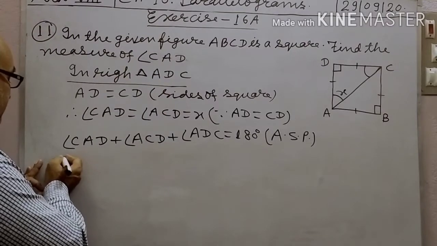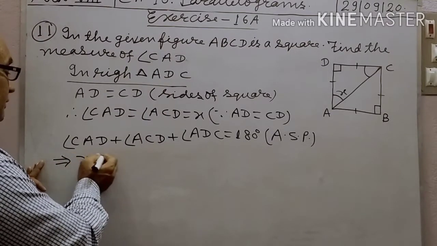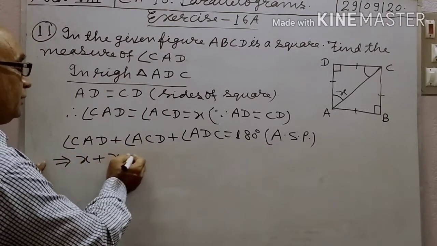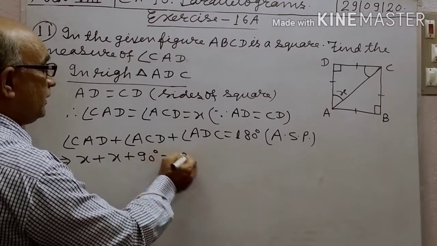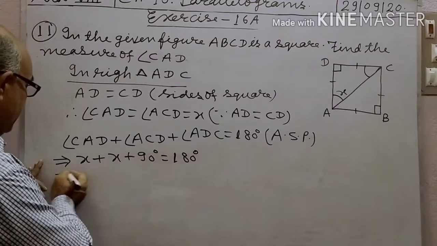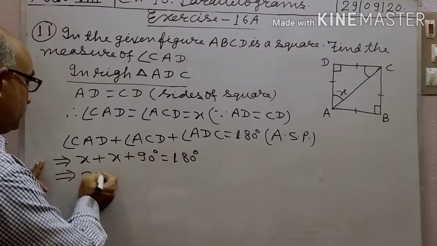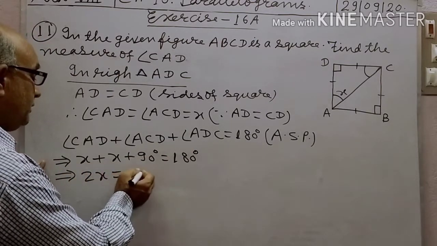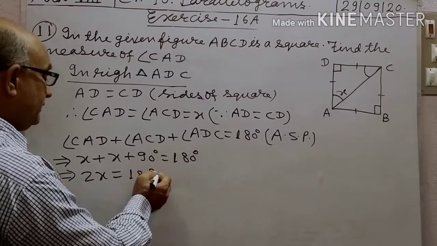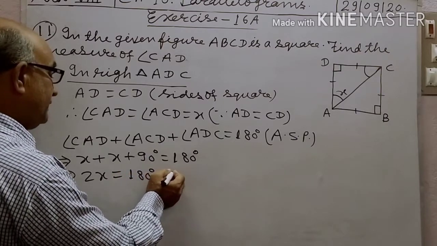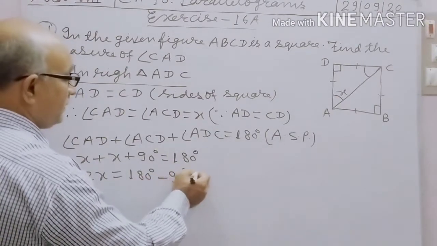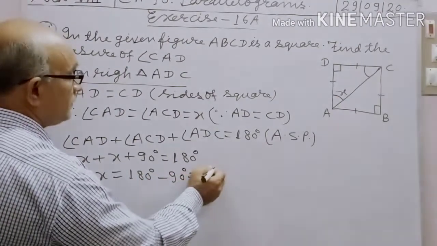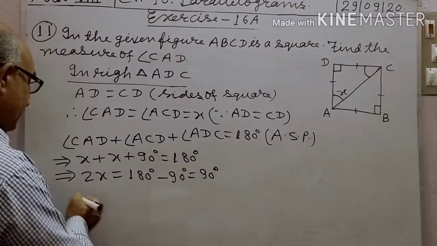That implies x plus x plus 90 degrees equals 180 degrees. That implies 2x equals 180 degrees minus 90 degrees equals 90 degrees.